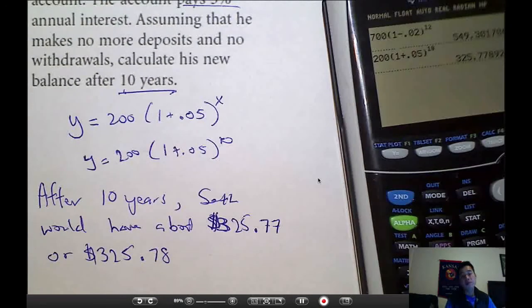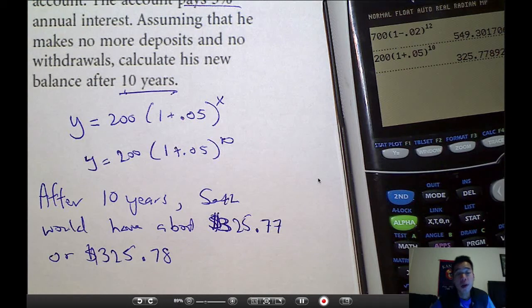So after 10 years of putting $200 in and only getting 5% every year, you don't put more money in, you don't take any money out, you've only made about $125.78.